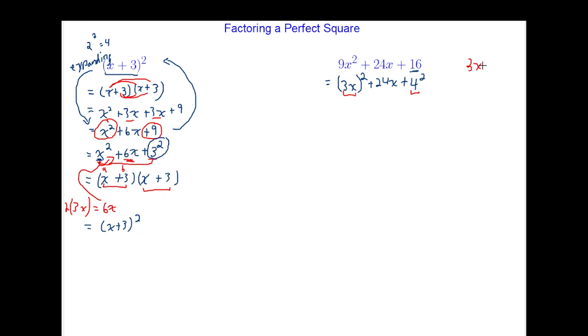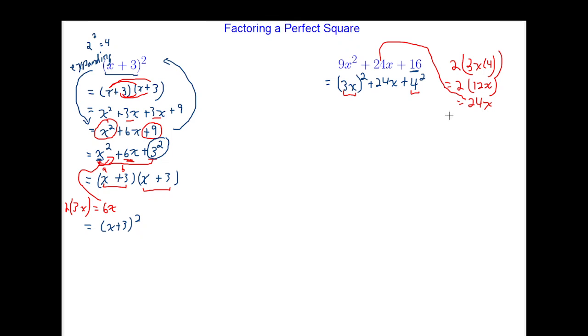So 3x times 4, and as long as we can double that and get 24, then we're in good shape. So 3x times 4 is equal to 12x, times 2, and 12x times 2 is 24x. So these two things are equal. This must be a perfect square.